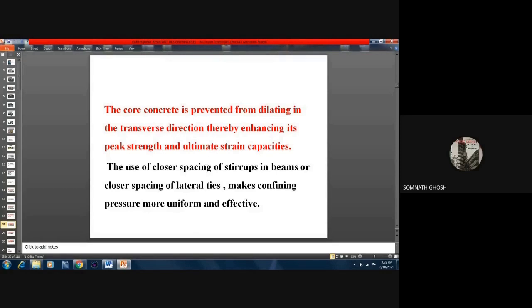And that's why, slowly you will understand that in IS 13920, in many situations they are recommending stirrup spacing of only 75 millimeter near the junction of beam and columns. Just to prevent dilation at that particular joint, and just to improve the ductility of the joint.